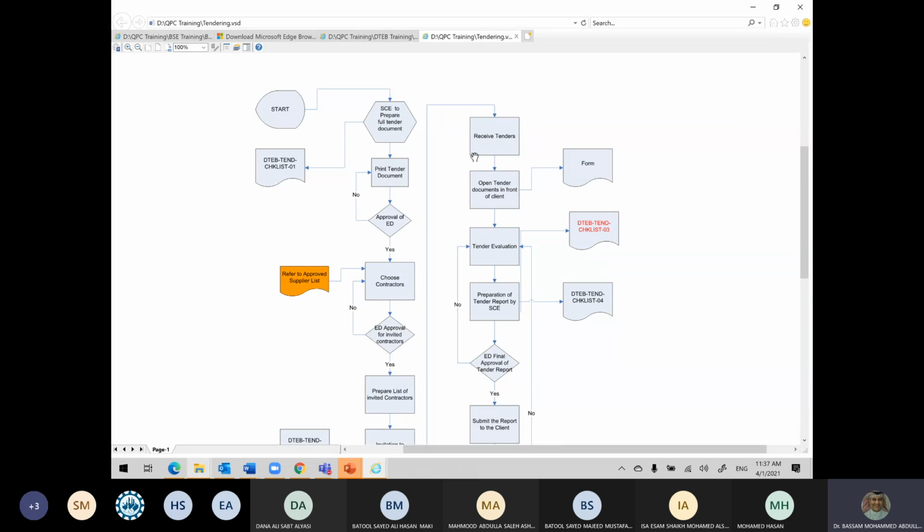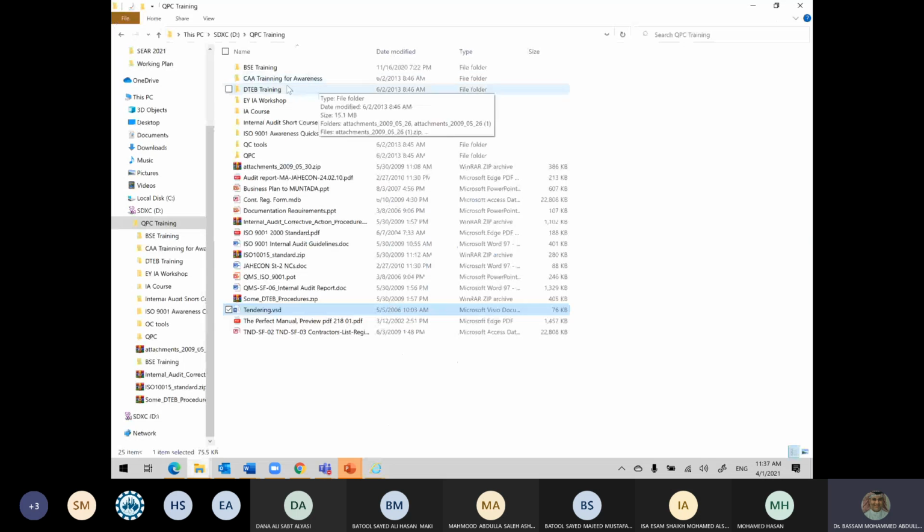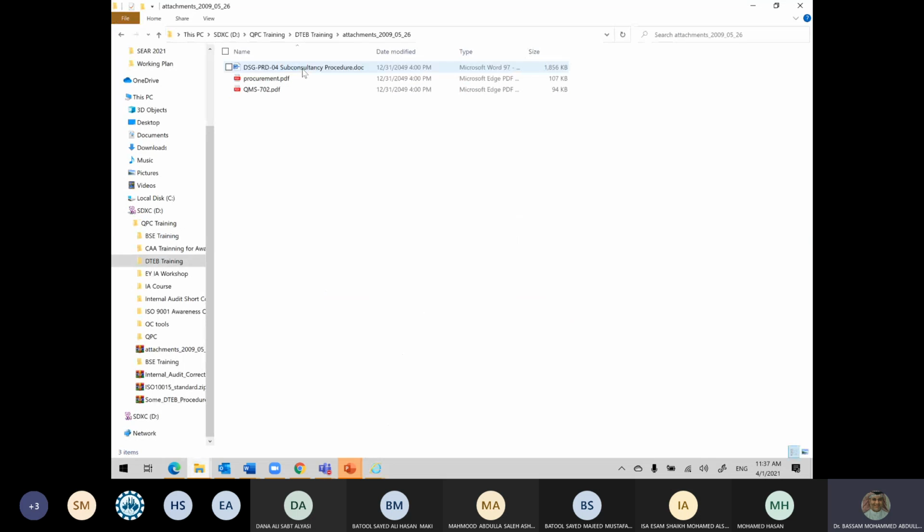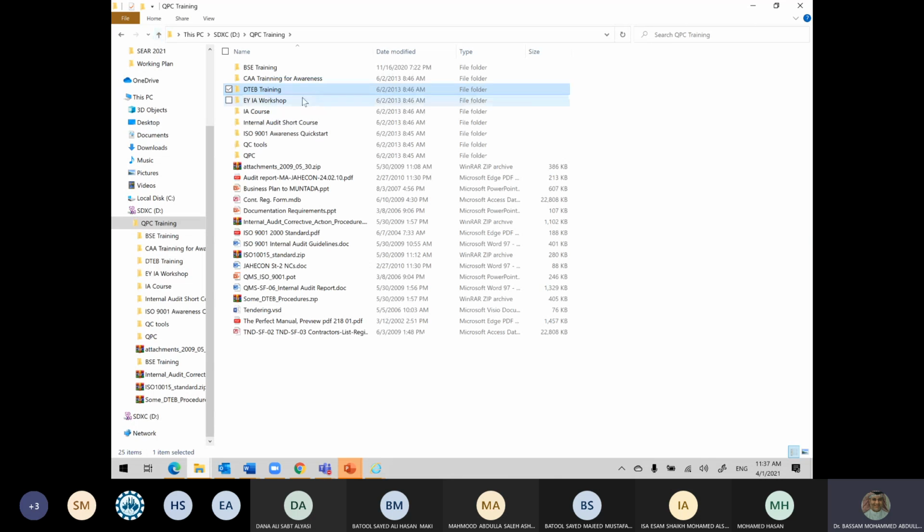It's written here. They use a checklist for the tendering process, which is checklist 03. I'm not sure if I have them or not. If I have them, good. I don't have the full document here. It's not my main document.